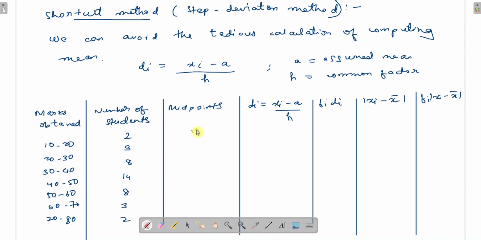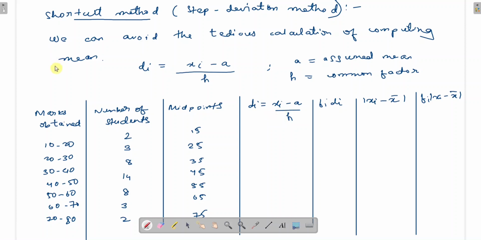Midpoints are 15, 25. So these columns are same, 35, 45, 55, 65, 75. Okay. Then we have to calculate this di.